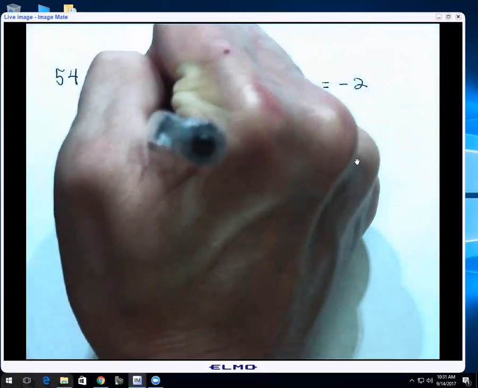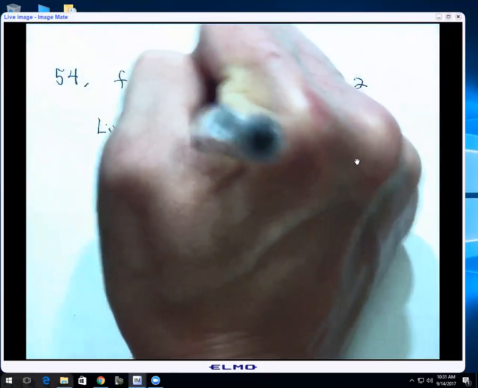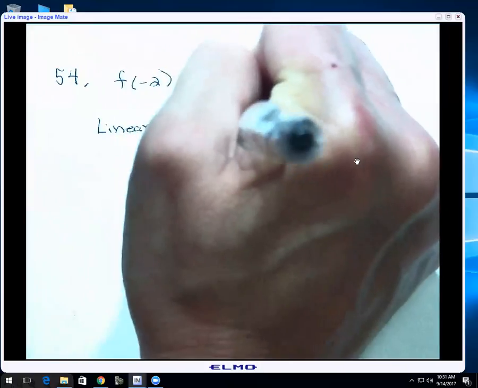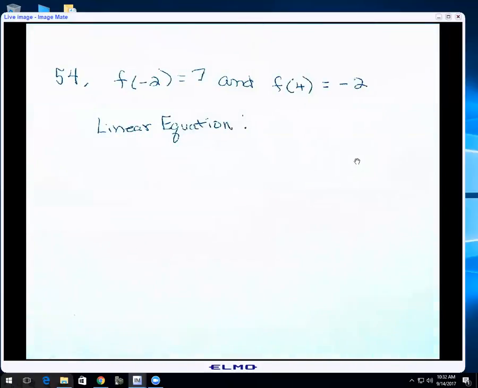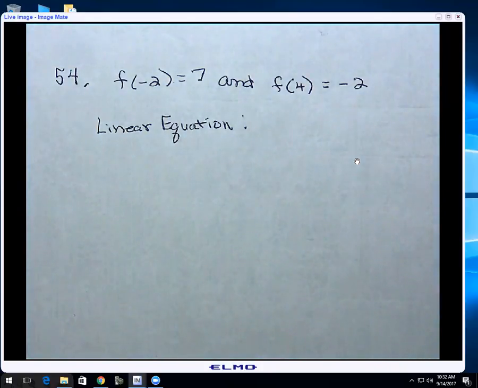Find a linear equation that satisfies those two conditions. I found linear equations in last night's homework.